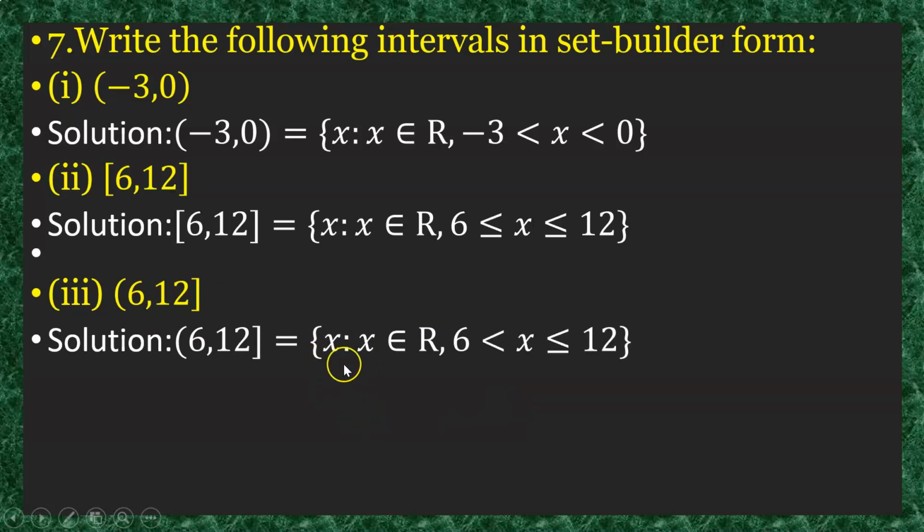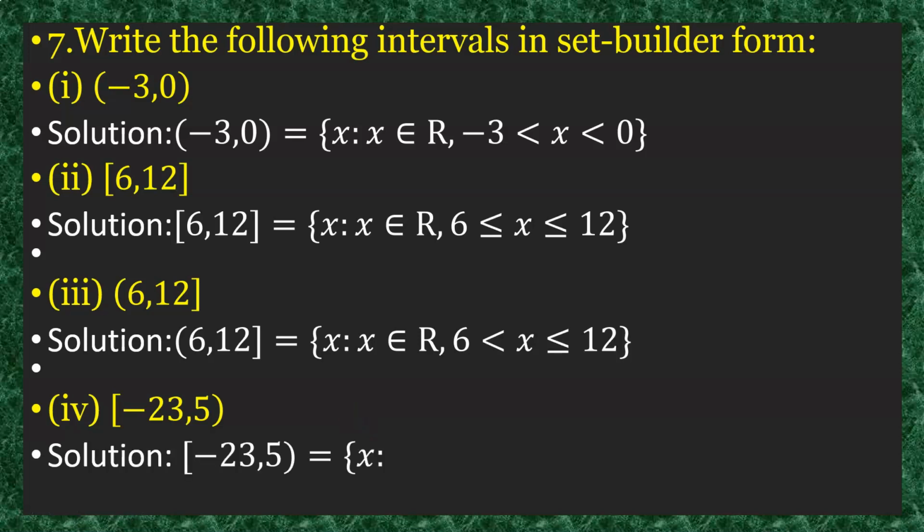Therefore, x is such that x belongs to the set of real numbers, x lies between 6 and 12 and equal to 12 also. Minus 23 and 5. It's semi-closed and open. That is, x is such that x belongs to the set of real numbers and x lies between minus 23 and 5 and equal to 23 also.